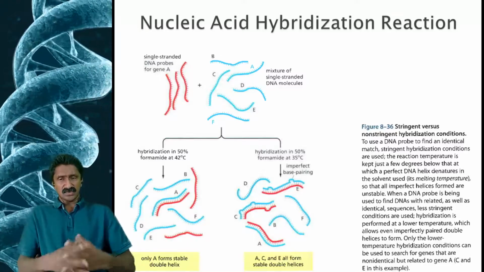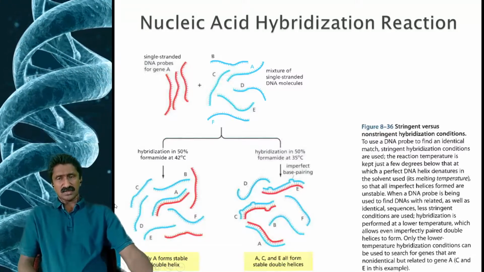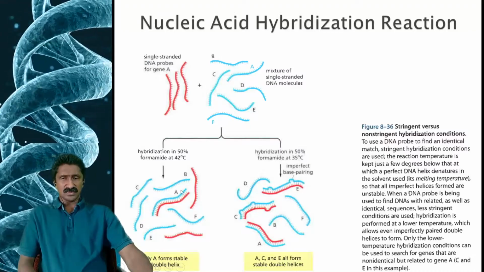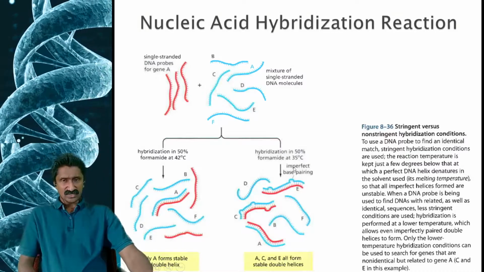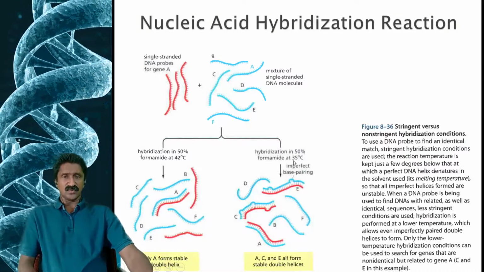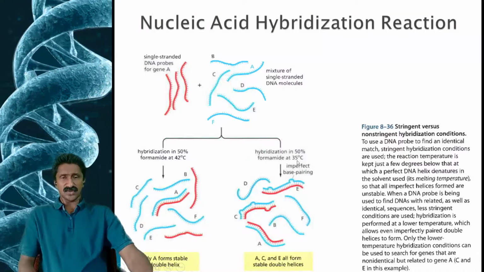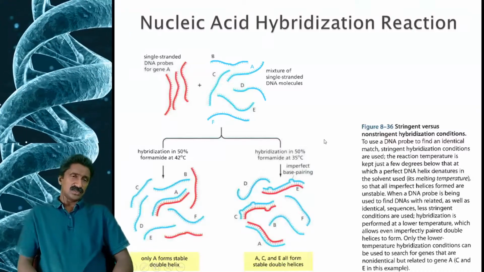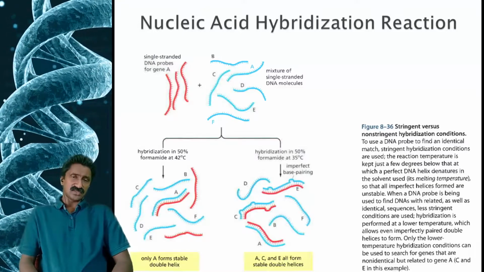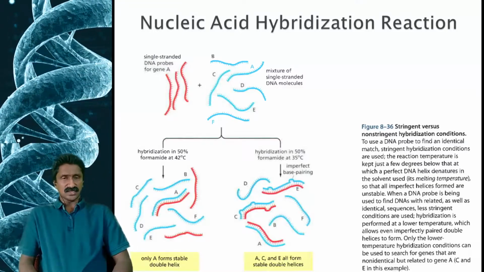At a particular stage, we will have the specific products attached and non-specific binding will not be promoted. Whereas if you bring the temperature down from 42 to 35 degrees Celsius, there will be imperfect binding. So the result of the hybridization reaction depends on the reaction conditions and other factors.